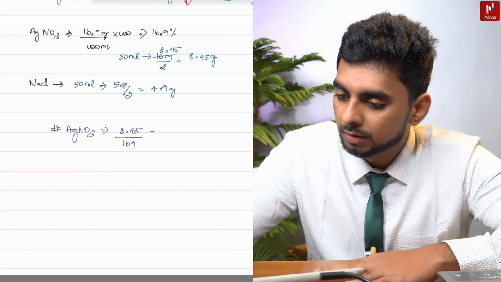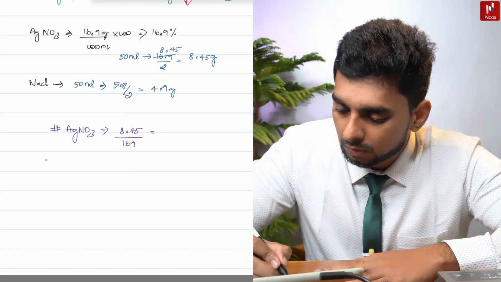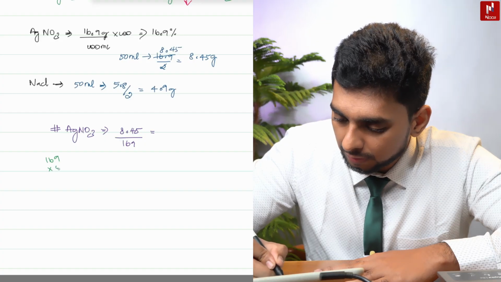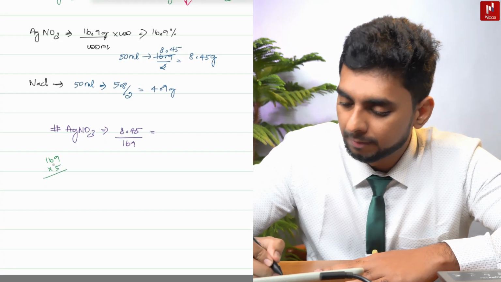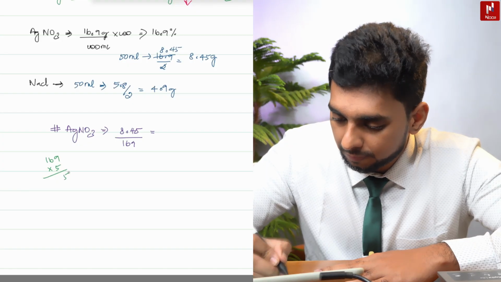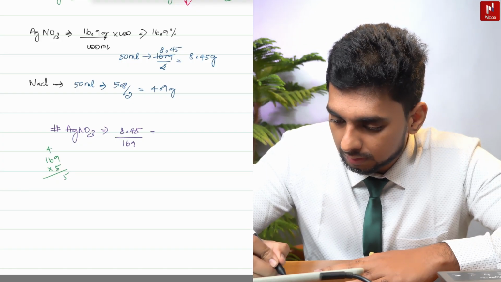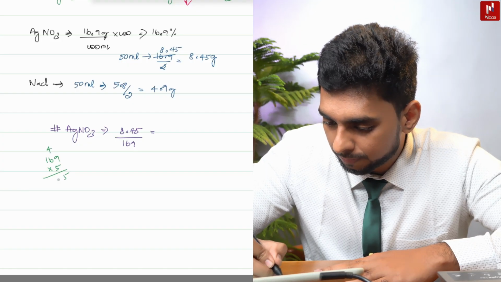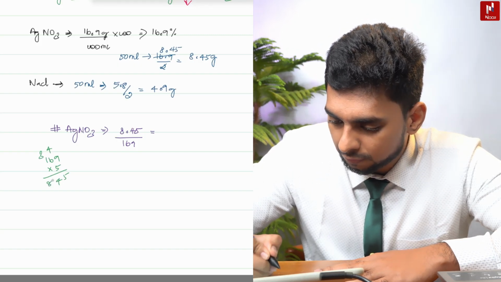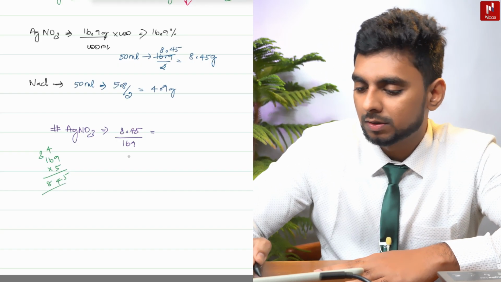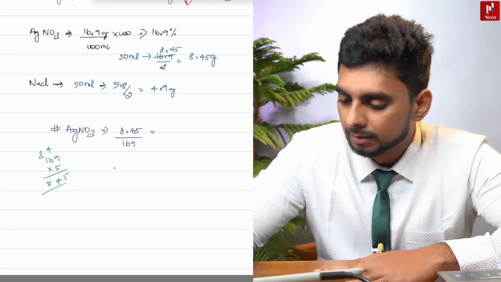Let me do the multiplication. So 169 into 5. If I multiply in this fashion, I'm just taking randomly, 845. Ah, it matched. That's going to be like 8.45, isn't it?